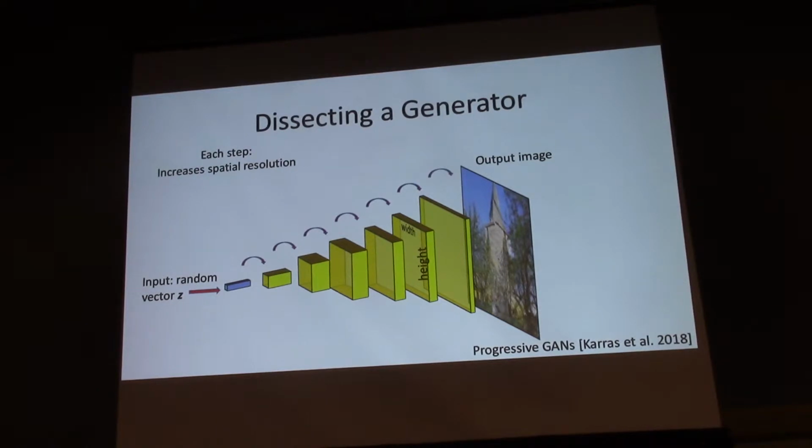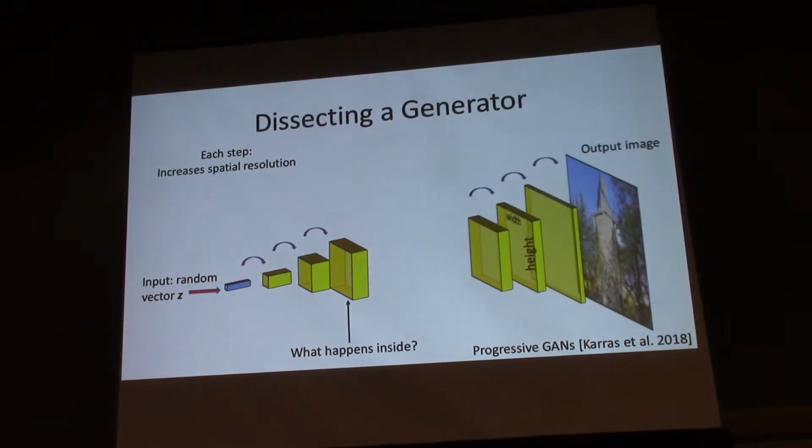People have tried to understand the black box by feeding different random codes Z and seeing how the output behaves. But it's still very hard to have a deep understanding of what's going on inside. So in this work, we take a slightly different approach. Instead of just looking at the behavior, we try to see what the network is doing if we take away some parts of it.